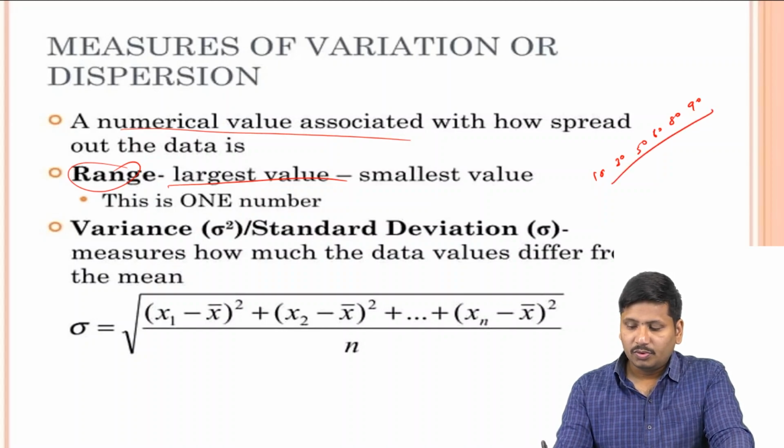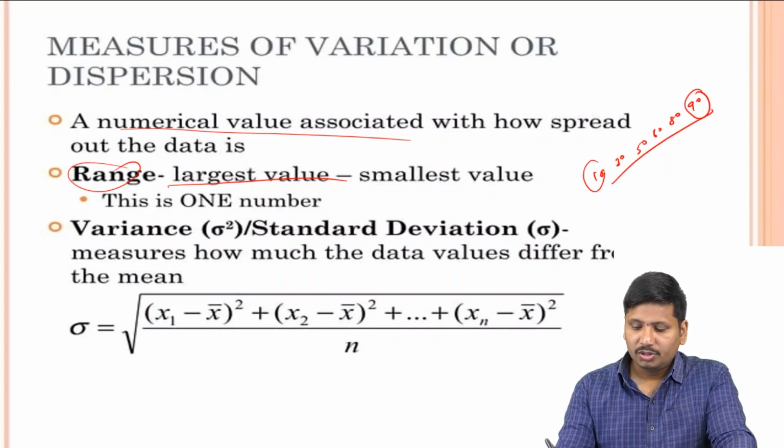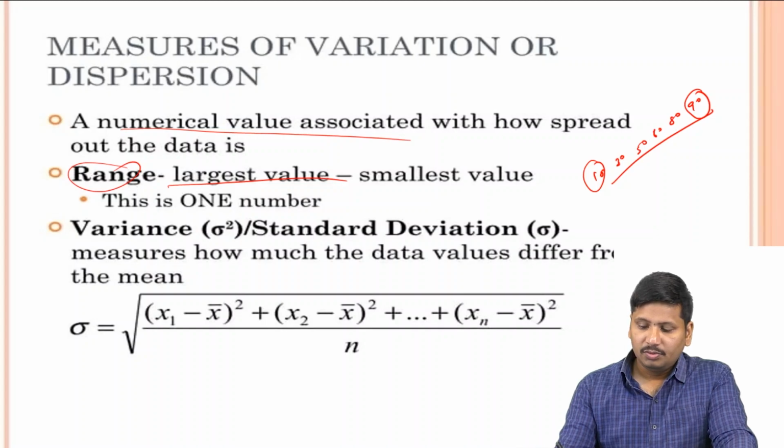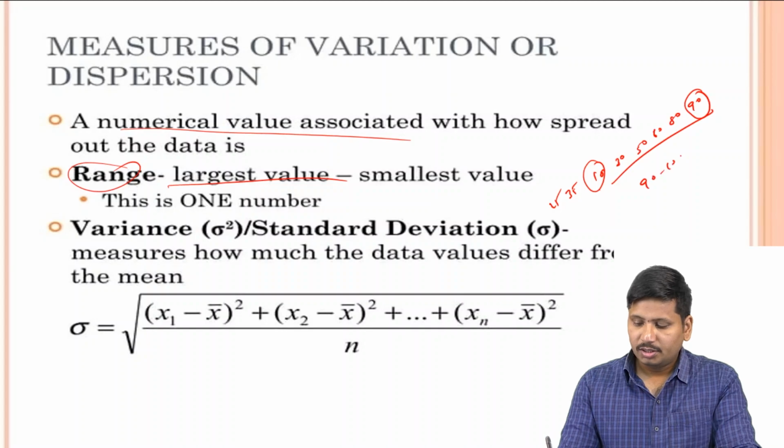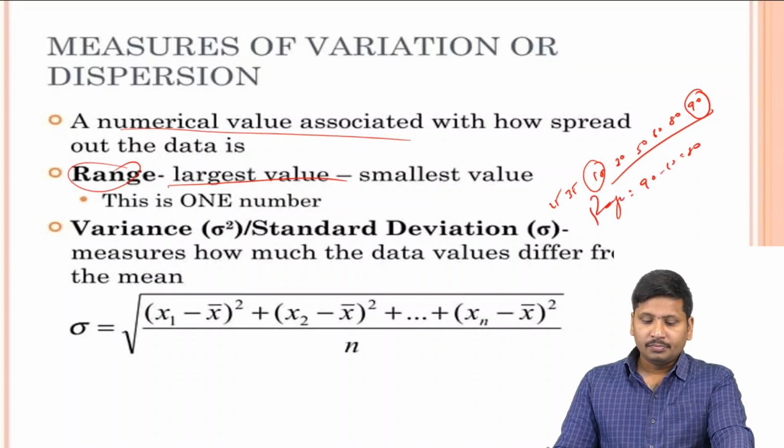Among these, what is the largest value? 90, and the smallest is 10. So 90 minus 10 is 80. The range is equal to 80 here.